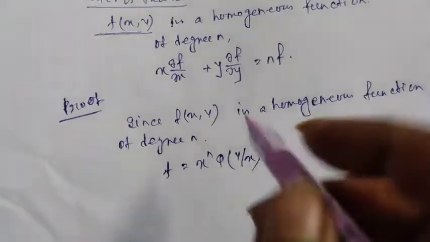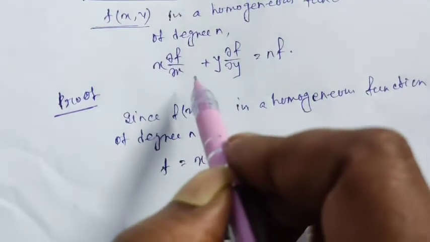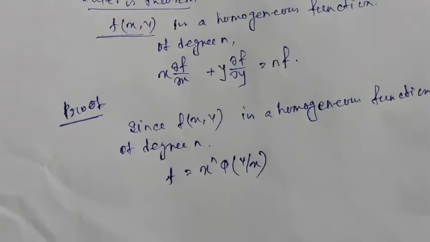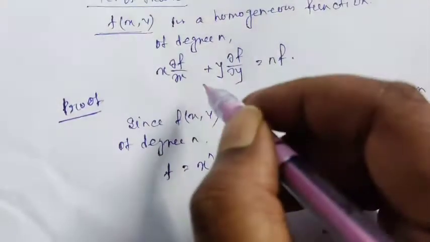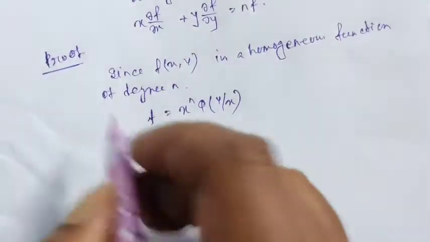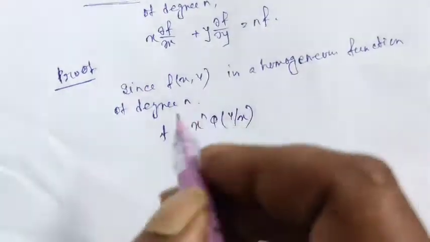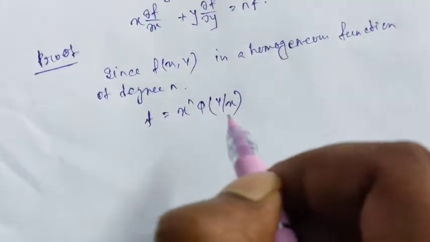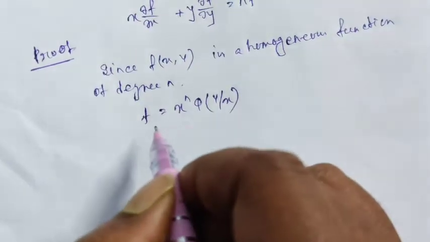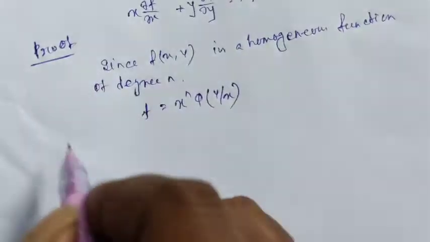In the statement, we have to prove that x into del f del x plus y del f del y is equal to nf. So for proving the theorem, we first differentiate it partially with respect to x. If we differentiate partially with respect to x, then what do we get?